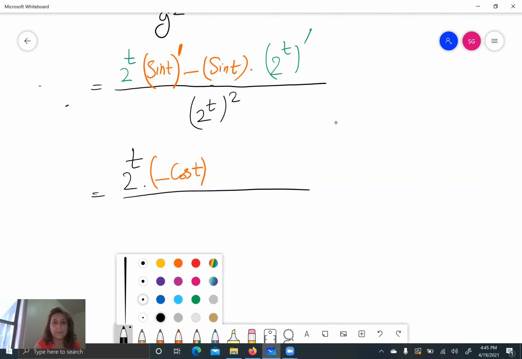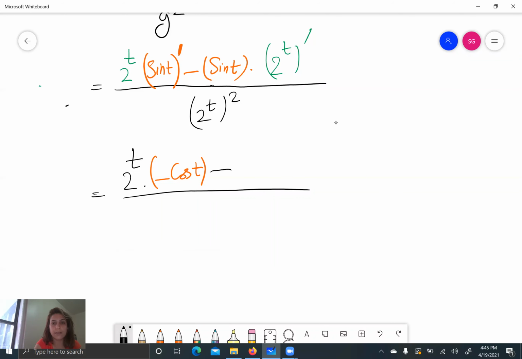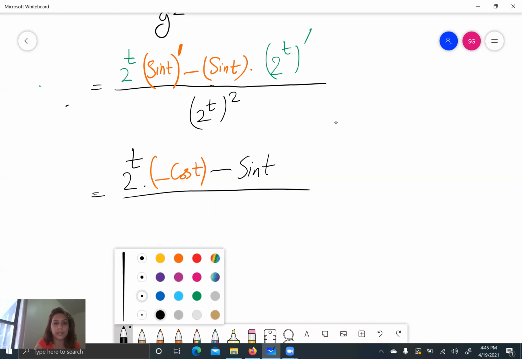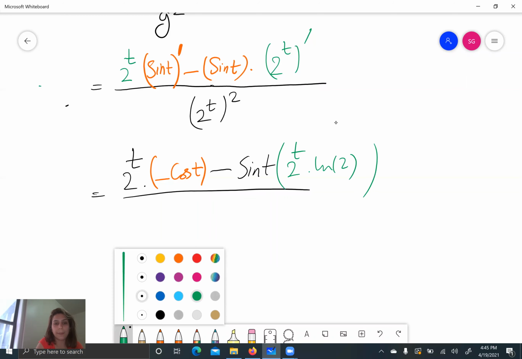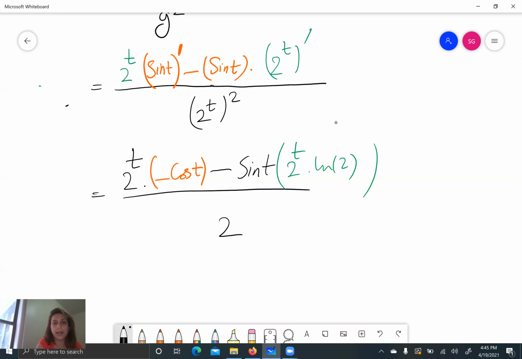And minus sine of t times the derivative of 2^t. The derivative of 2^t is 2^t times natural log of 2, divided by 2^t squared, which is 2^(2t). That's the derivative.